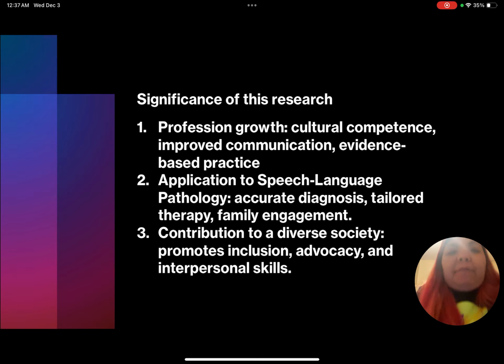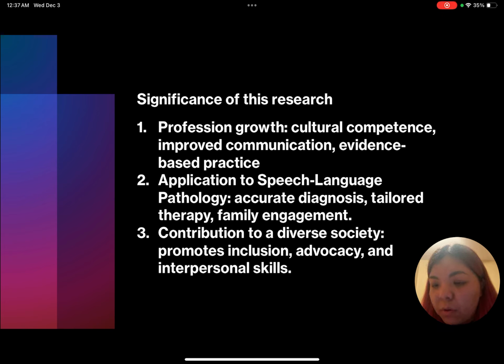And then the significance of this research, number one, is professional growth, cultural competence, improved communication, and evidence-based practice. Understanding the Hmong language and its phonetic characteristics can significantly contribute to our development as professionals and as members of a diverse society.